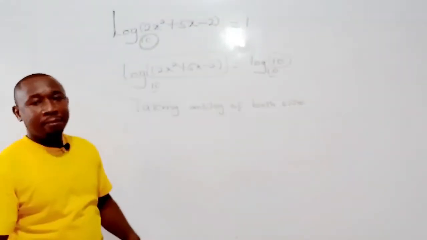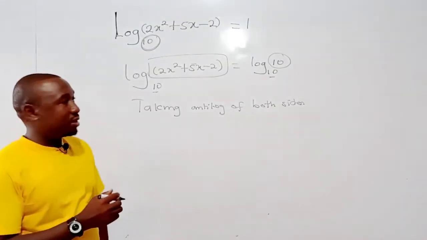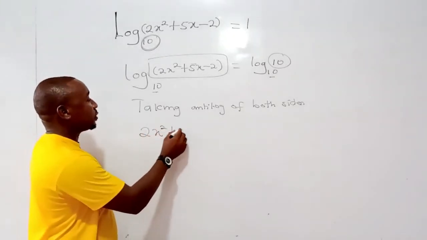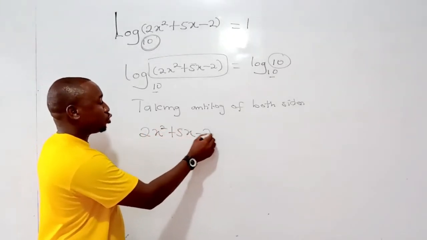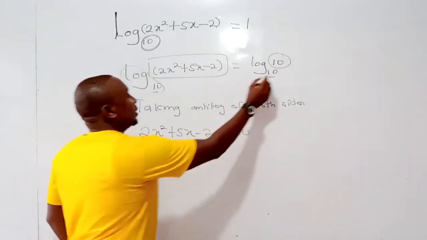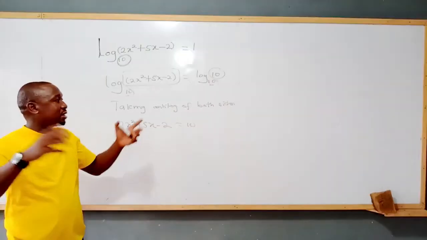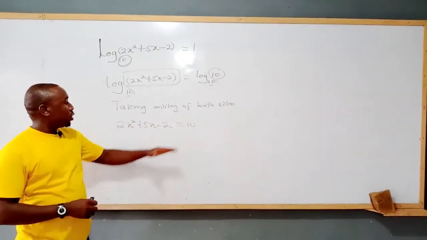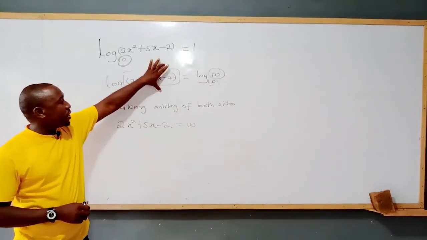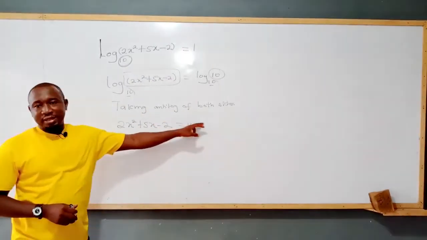We will drop them. And we will be at liberty to equate 2x squared plus 5x minus 2 is equal to 10, because we have dropped log of 10 and log of 10. They are the same. We found antilog of both sides. So the logarithmic equation has reduced to a quadratic equation.